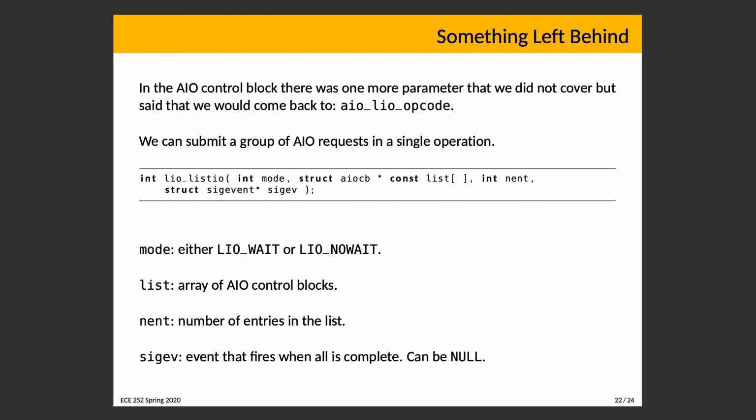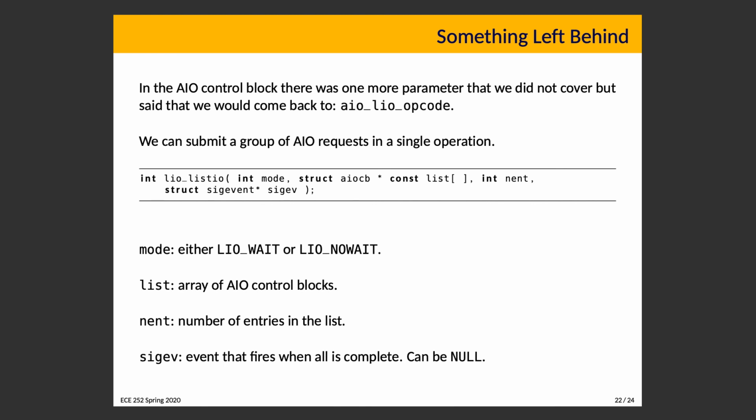It's no different when we actually implement those, we provide them as before. The only difference is that we have to use the last argument. We have to specify the opcode, because the list here could contain read or write operations or both, and then we have to specify on each individual operation whether we want it to be a read or write or actually do nothing, as we'll see on the next slide.